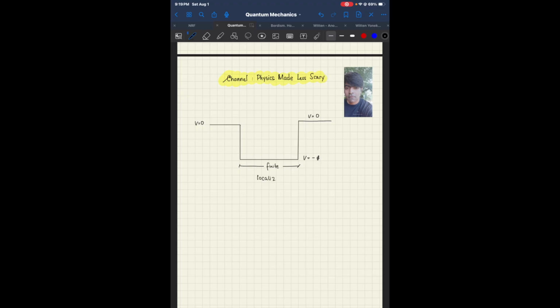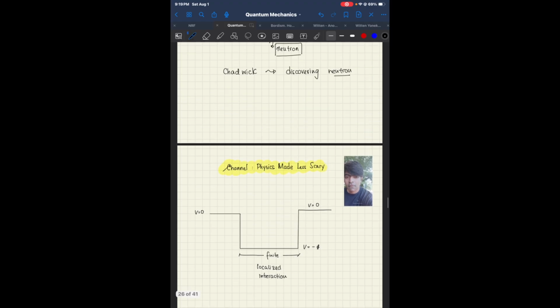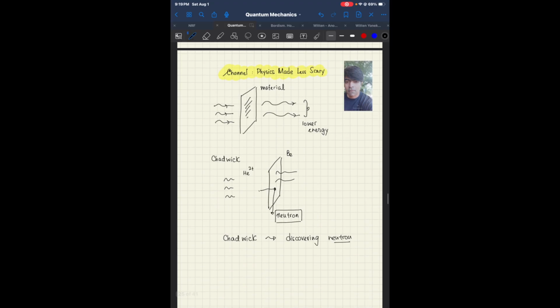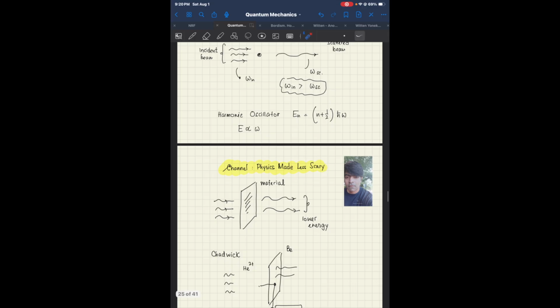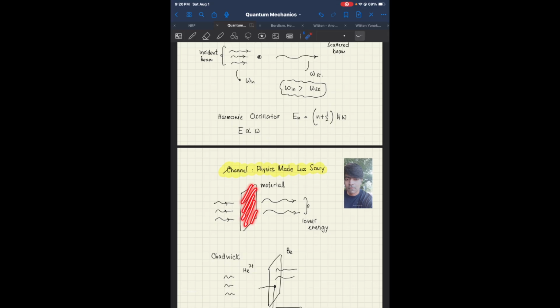This is quite important to realize, that this has to be a localized interaction. I'll go back to the picture before and tell you what I mean. You see, let me use this pen. You see, these were localized in this region, right? This was localized here, this was localized here, and these are what I had said V equal to 0.